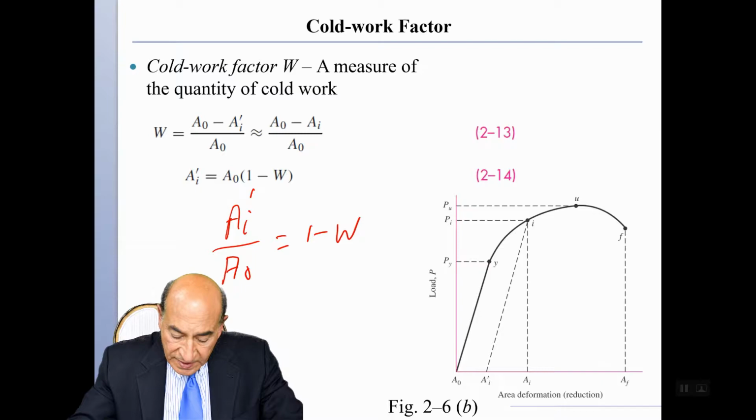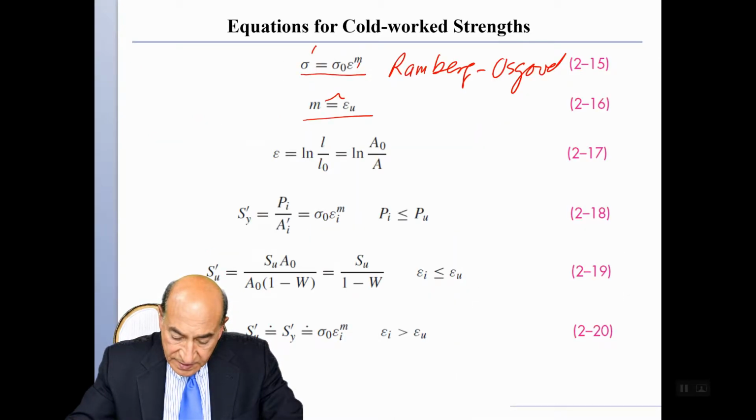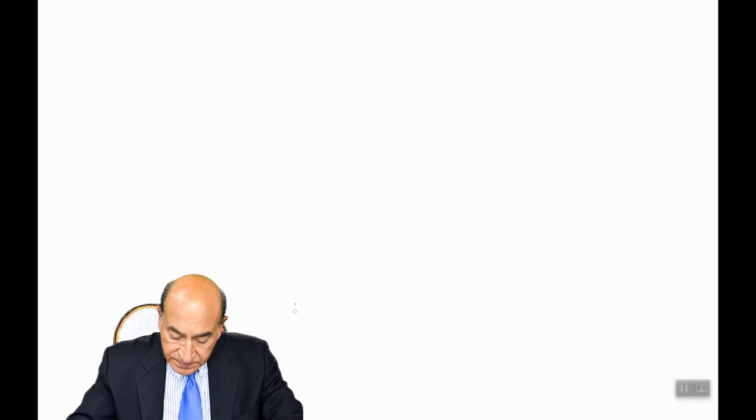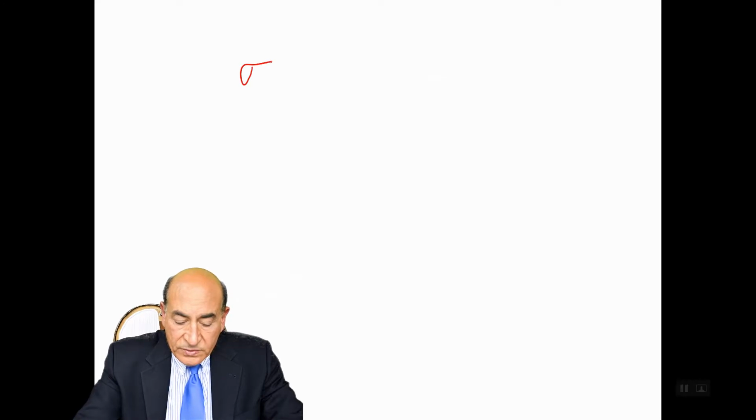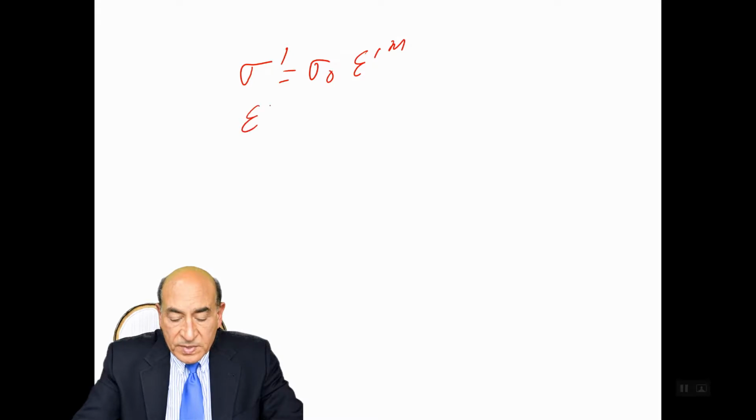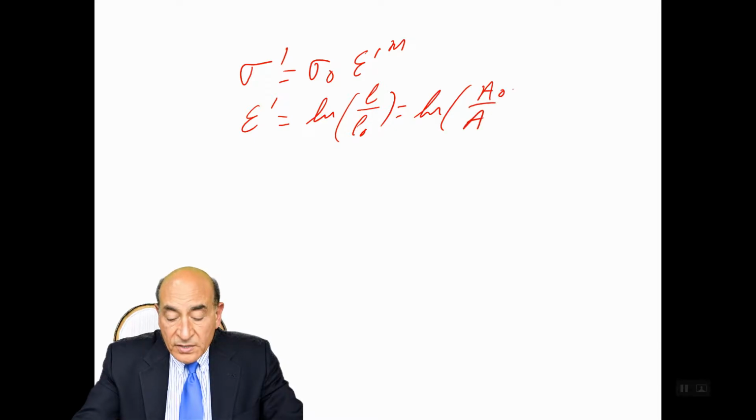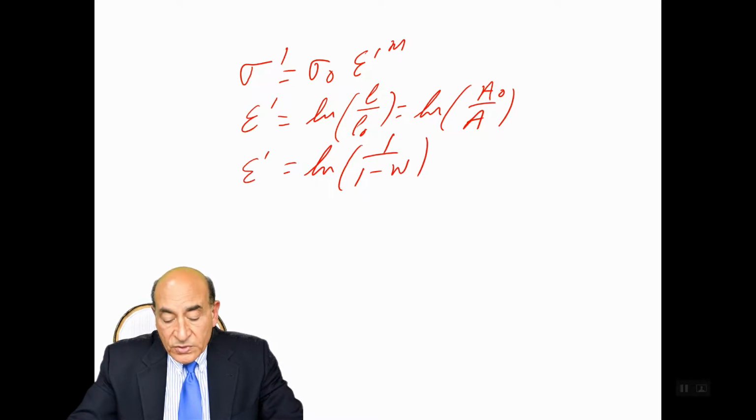So we will write it, let me start all over again. So here I would write sigma prime equals sigma 0 epsilon prime to the power m, and epsilon prime is equal to the natural log of L over L0, which is the natural log of A0 over A, which is the natural log of 1 over 1 minus W, and therefore we can find the value of the strain.